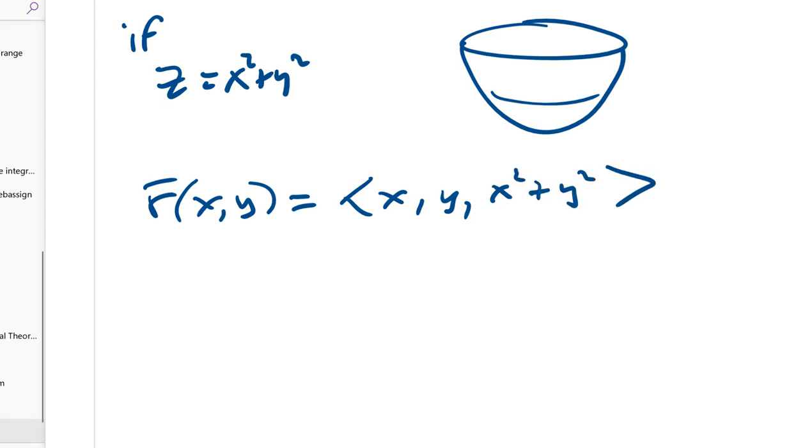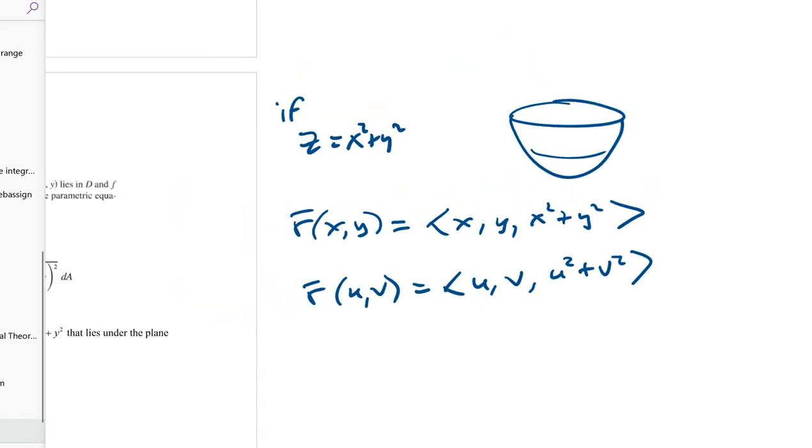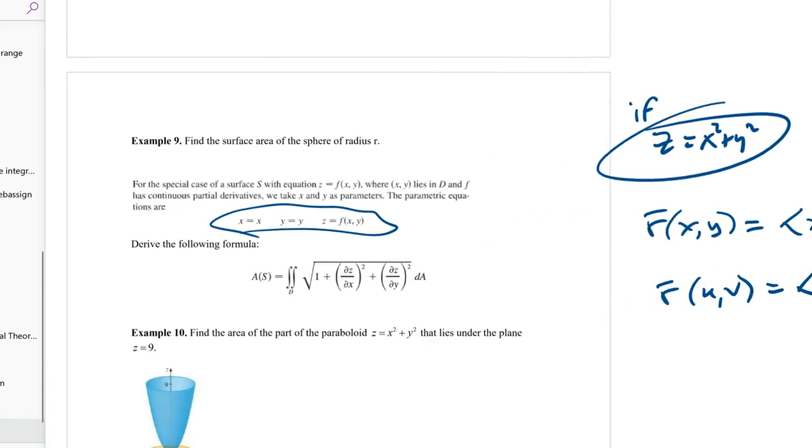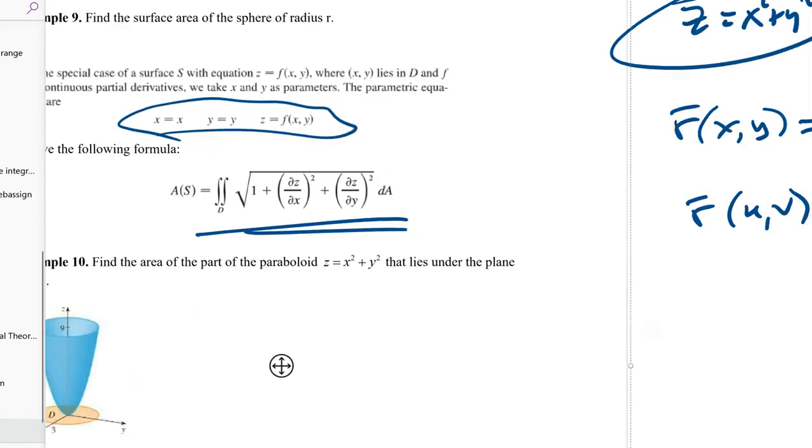Or if you like u and v, you can just use those two: u, v, and then u squared plus v squared. No problem at all. If your surface is given like that, definitely parameterize it like this. And then your area of the surface will be this.